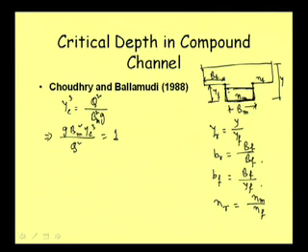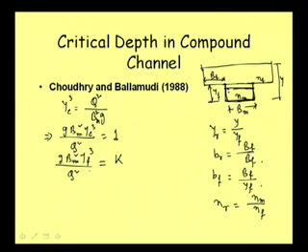Now, if yc remains equal to yf, then we can have this sort of relationship. So we can write one expression, g Bm square yf cube divided by Q square. Let us define this as k.